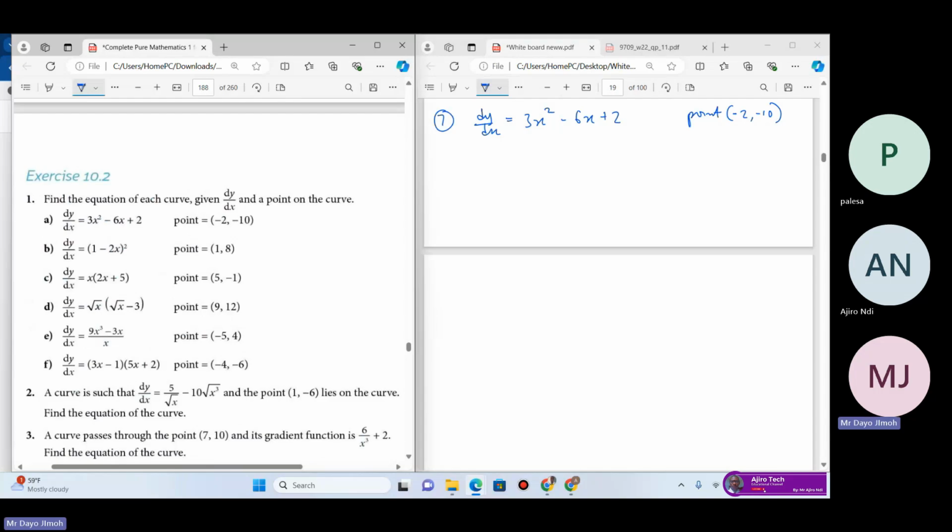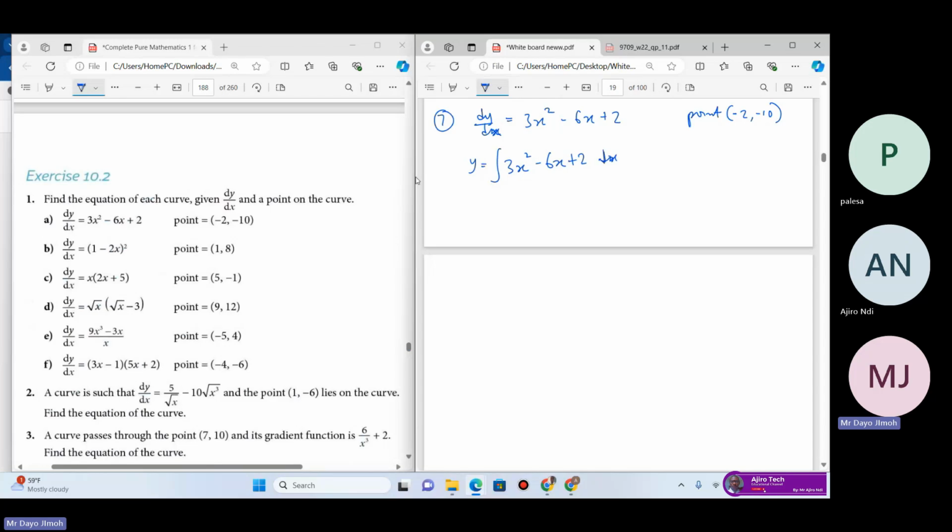So this is the derivative, and this is a point on that curve. To find the curve itself, y, we integrate. So y is equal to the integral of 3x squared minus 6x plus 2.